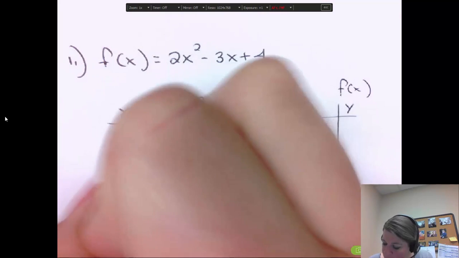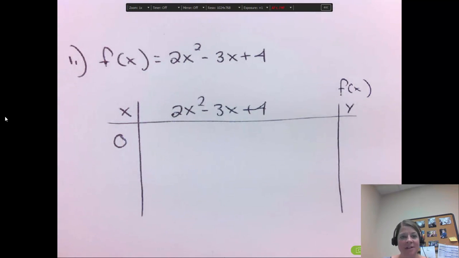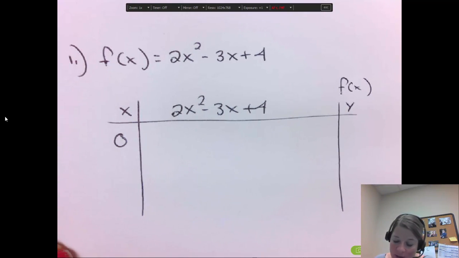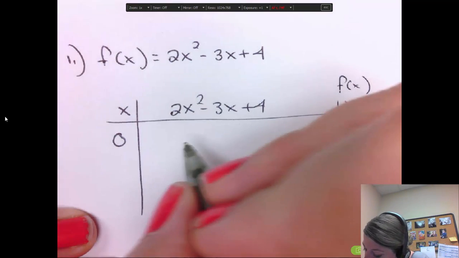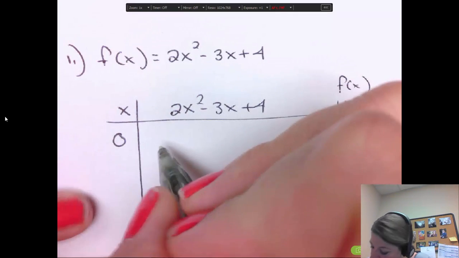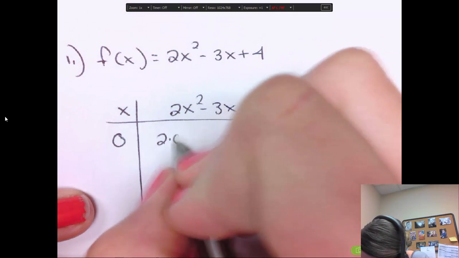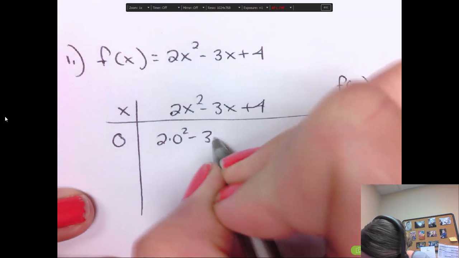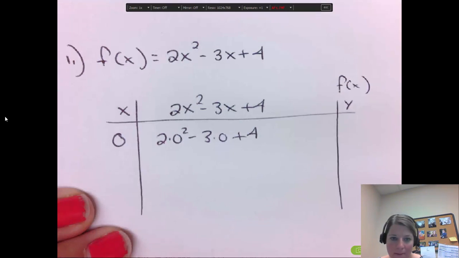So let's make up a number, 0. Love 0, because 0 actually finds your y-intercept, where you cross your y-axis. So when I put in 0, not only is it easier, it also finds my y-intercept. When x is 0, that's your y-intercept. So then I have to find 2 times 0 squared minus 3 times 0 plus 4.